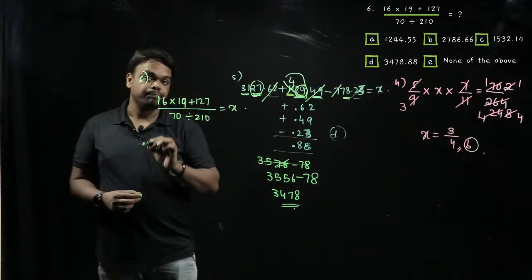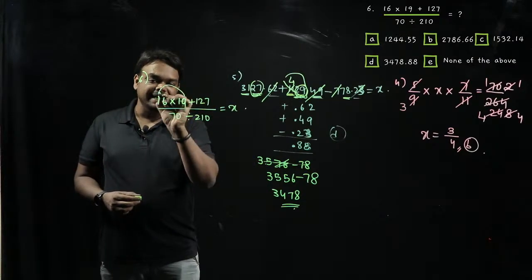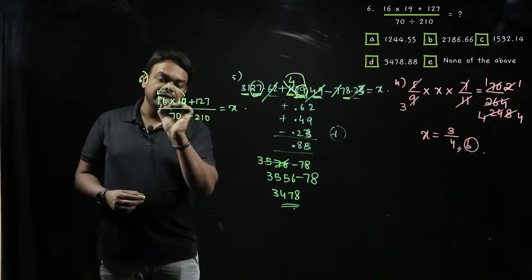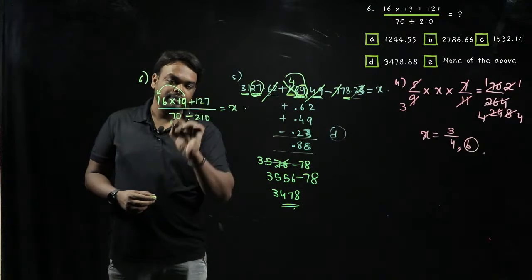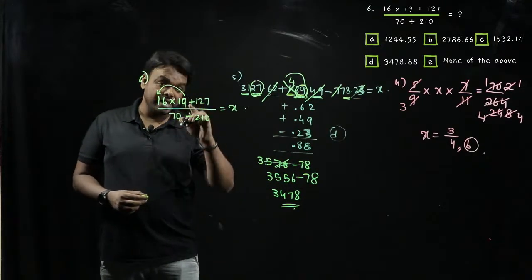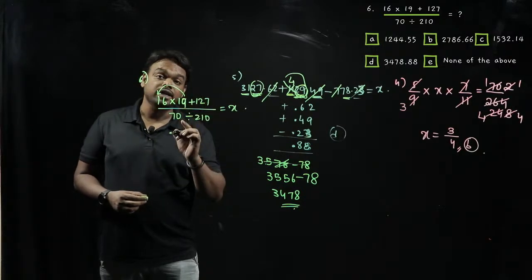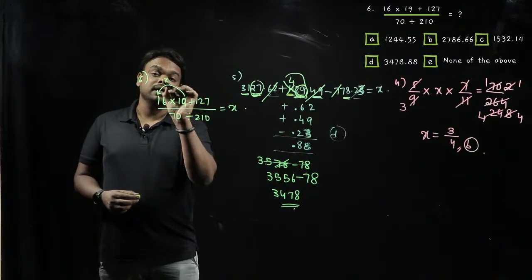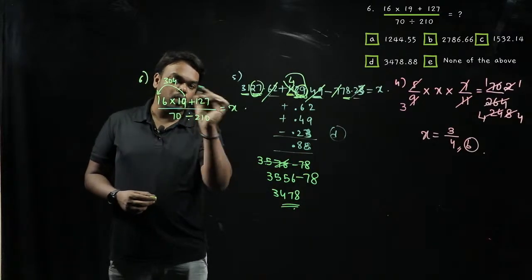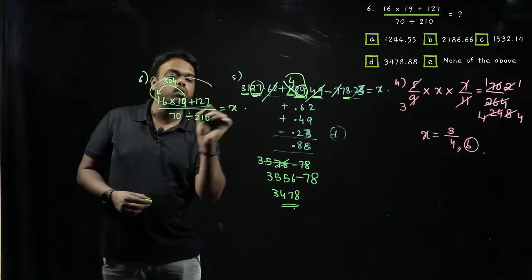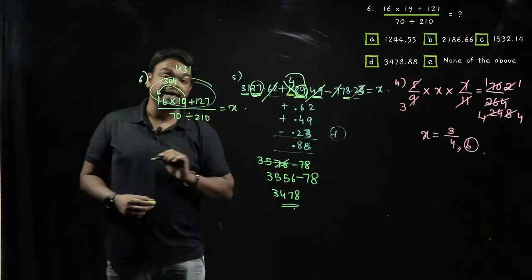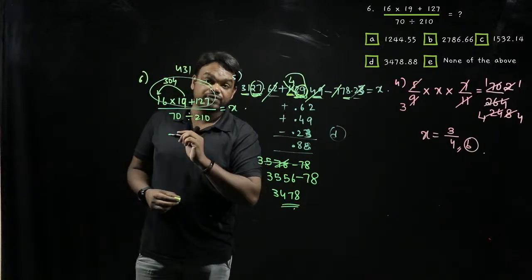Look, 19 into this 1, which is 10 because this is in tens place. 19 into 10 is 190. 19 into 6 is 114. 190 plus 114 should give us 304. Together directly 304 plus 127. So this becomes 431, in one step without using the pen.